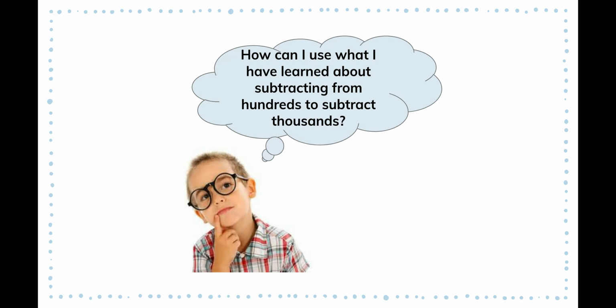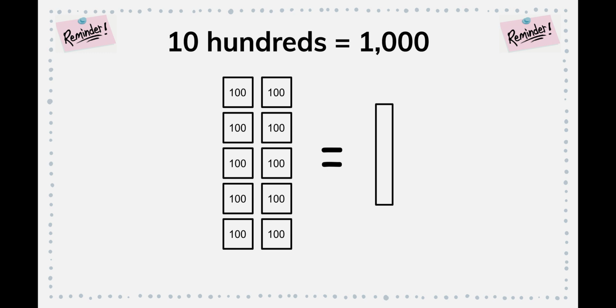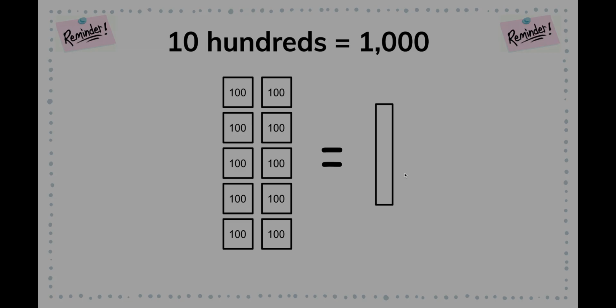Before we do that, let's think about what is 1,000. This is how we model 1,000. And 1,000 is 10 100s, and we can count it 100, 200, 300, 400, 500, 600, 700, 800, 900, 1,000.